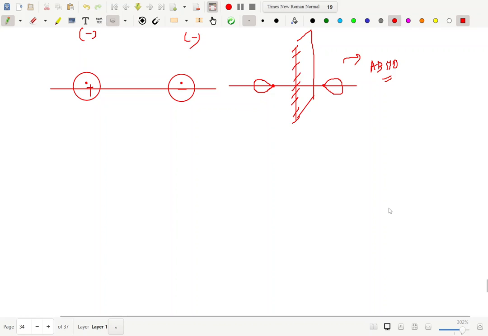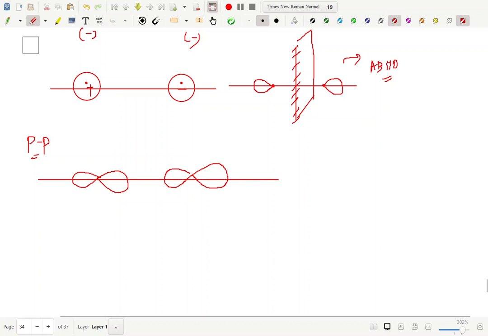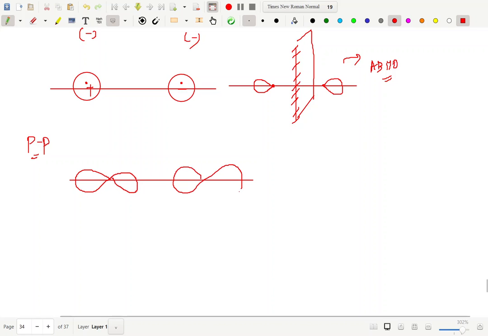We can also do the same thing in the case of p orbitals, okay, where there's going to be a pp overlap. So if we want a sigma bond to be formed along the internuclear axis, okay, so this is the internuclear axis. I'll just draw it again because it's kind of messy. So since this is the internuclear axis, this is one p orbital and this is the other p orbital, okay.